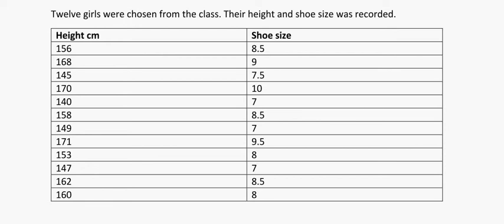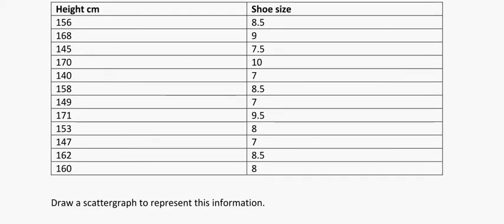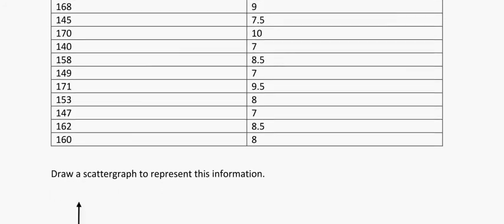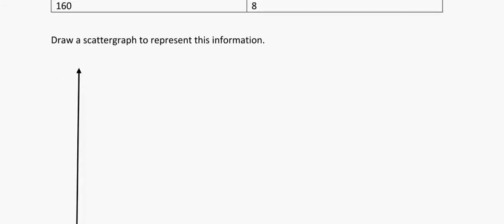So here's the data. Now we're not going to be able to fit it all on one page, so I'll have to tell you what the data is. And first of all, we have to work out a scale for each axis. Now it doesn't matter which one you put on which axis, but we'll put height on this axis, and it's going to be in centimetres.